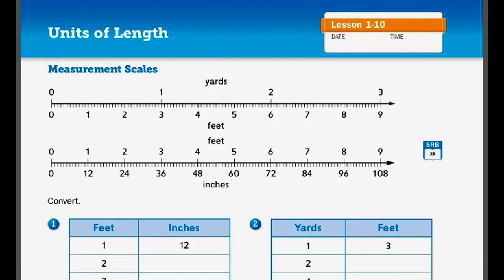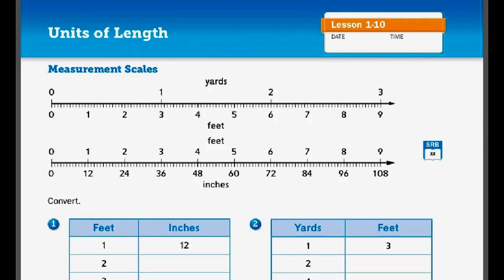Well, hopefully you determined that it would be 9 feet in 3 yards. And how could you figure that out? Well, hopefully you could find 3 on the yard side here, and then just slide on over to the feet side and see its equivalent measure in 9 feet. Just like if it was 2 yards long, you could find 2 yards, slide it down, and read the number of feet that it would be equivalent to, or 6 feet.